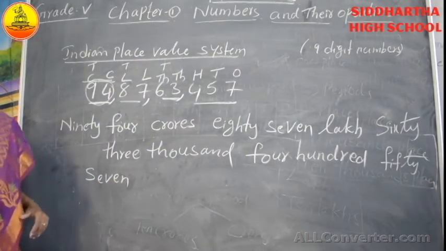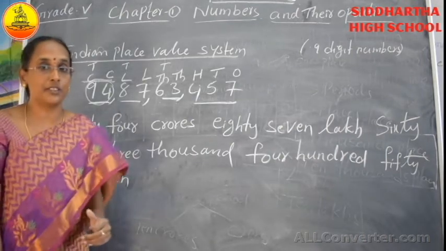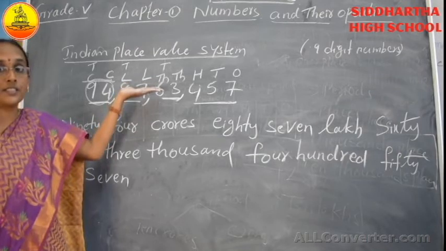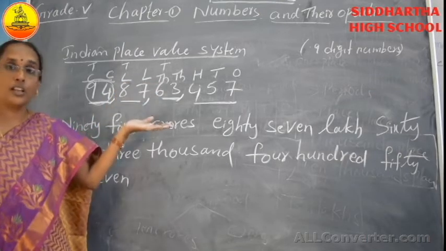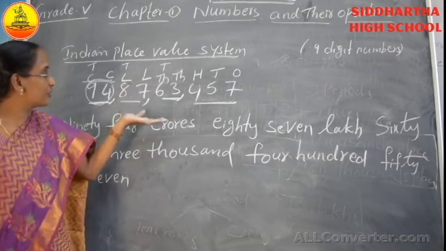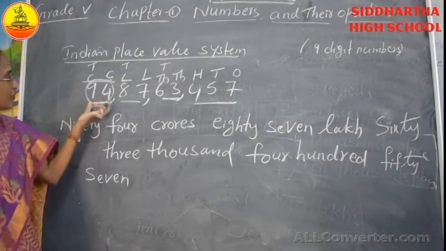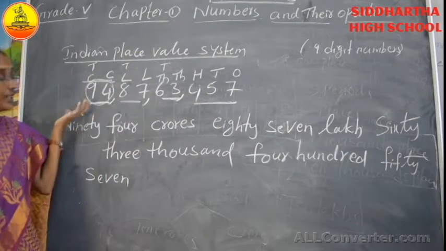Okay, children. How to write the number names in the Indian place value system? Any digit number is given. First you write the places. Afterwards you divide into groups, period wise. Then read from left to right.